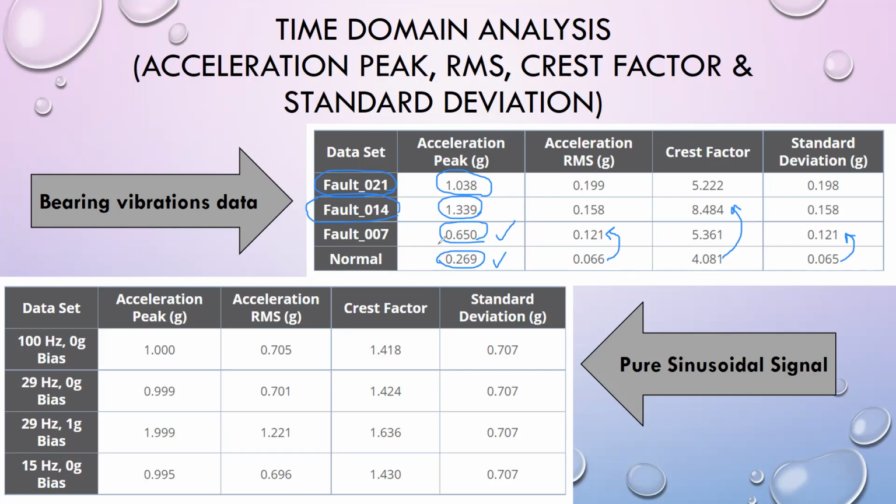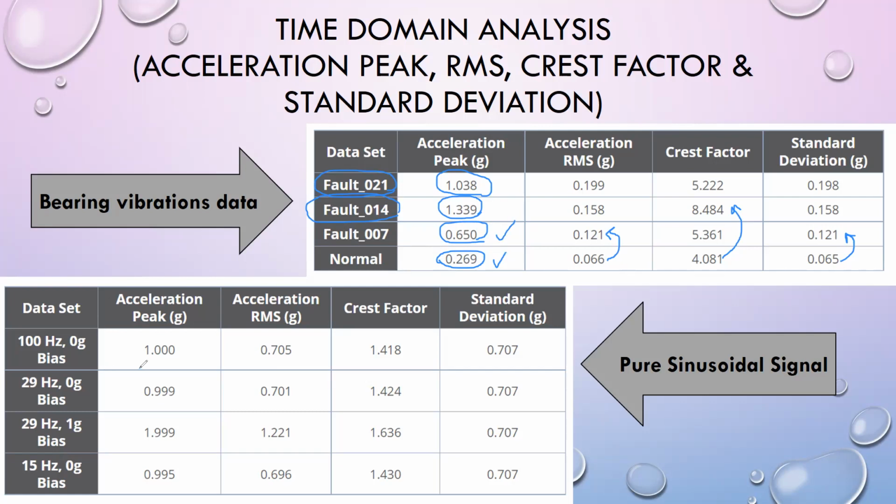So you can conclude that definitely there is some fault in your bearing, and your bearing needs to be changed because we have some difference in the recorded data.